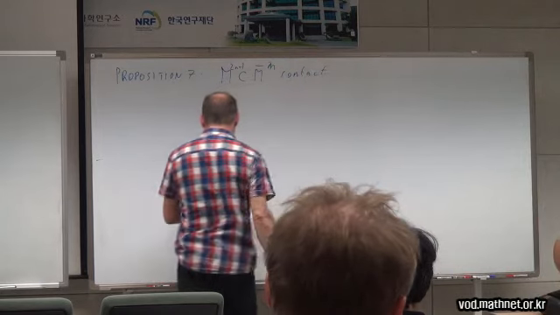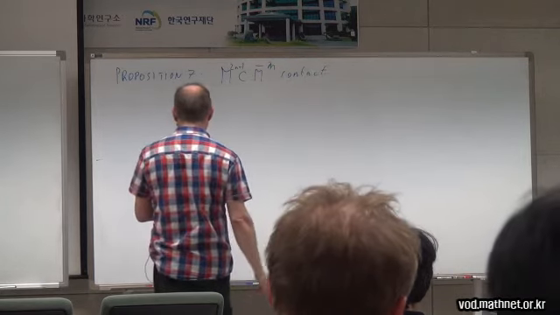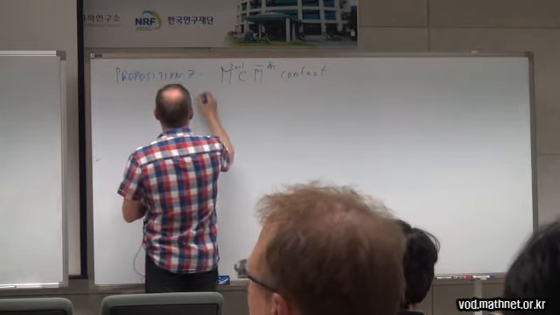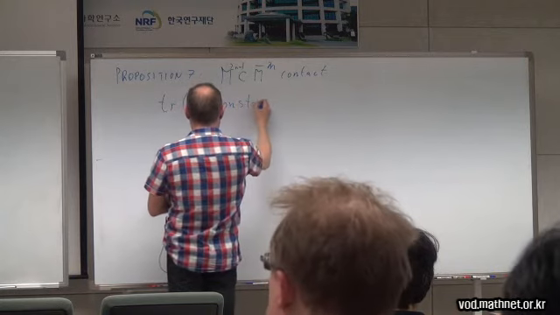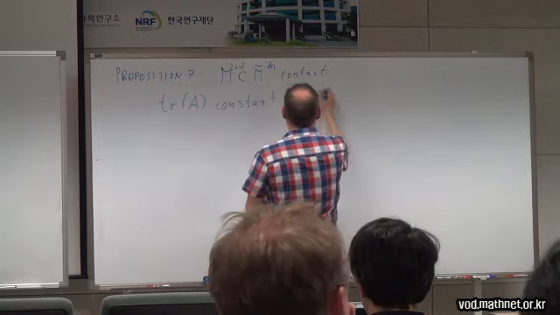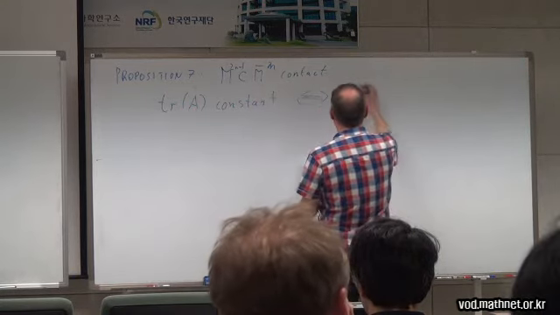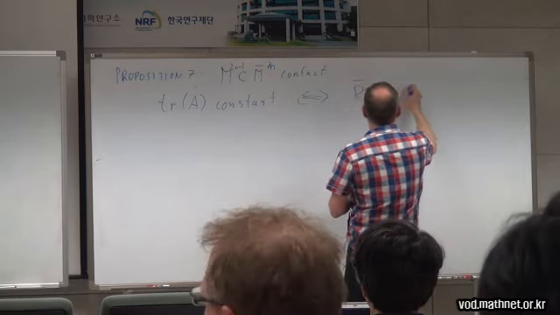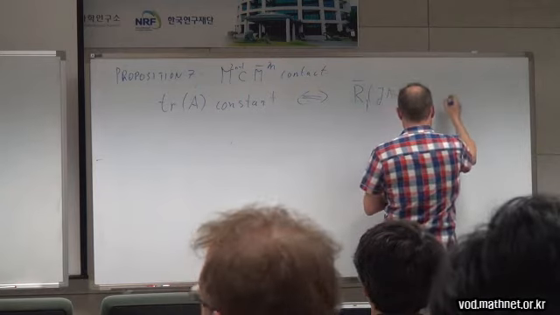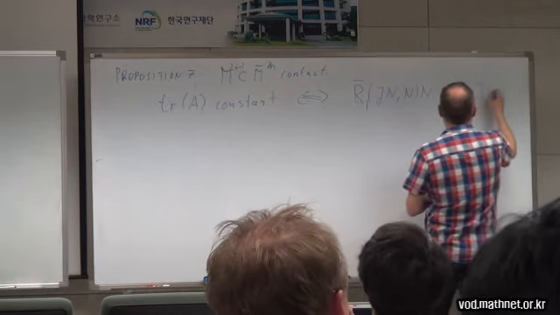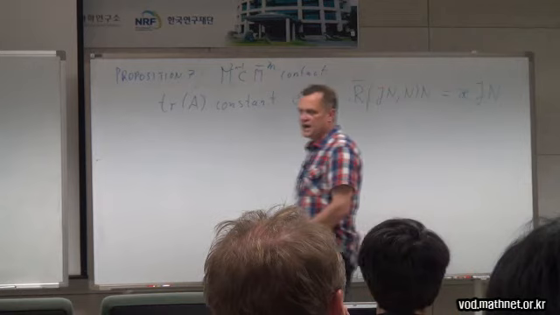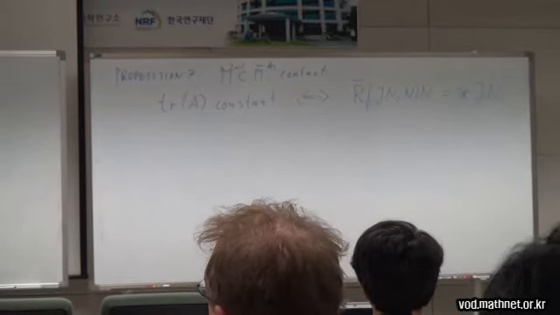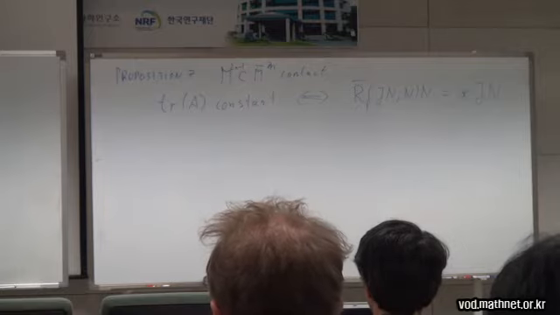So we have a contact hypersurface. Then the mean curvature is constant precisely if Jn is an eigenvector of the normal Jacobi operator everywhere. This is what one can conclude from this equation.